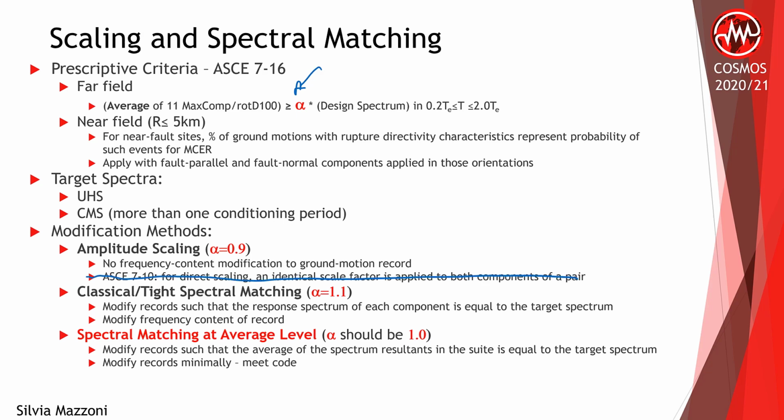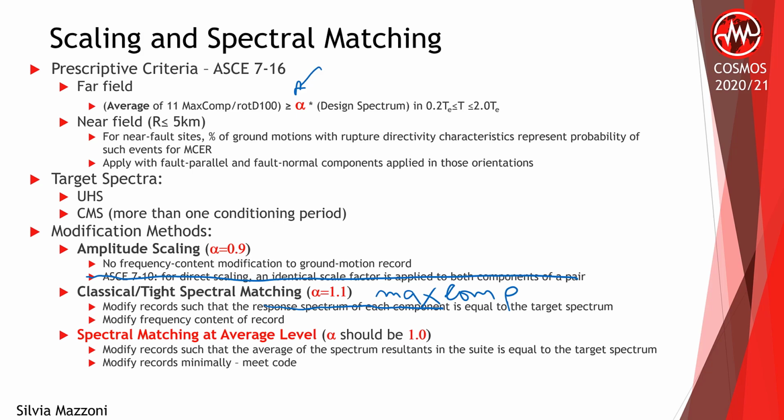There's also tight spectral matching, which is what most people just call spectral matching, where you modify the record such that the response spectrum of each component, but you're really trying to modify the record such that the max component of each record is equal to the target spectrum. Very important, and this is why I left it to be edited, because I want to make sure that you see the transition as things evolve.